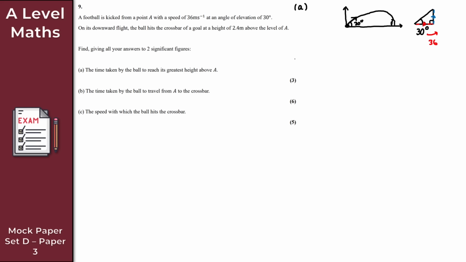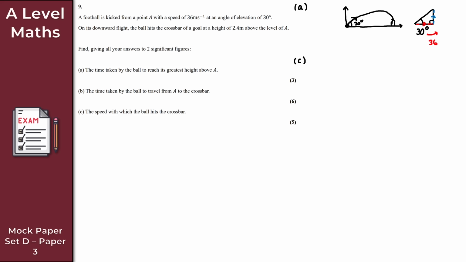So for part C here, what do we want to find? Again, given our answer to two significant figures, it is the speed with which the ball hits the crossbar. What we know is that the horizontal velocity will not change because there's no horizontal acceleration.